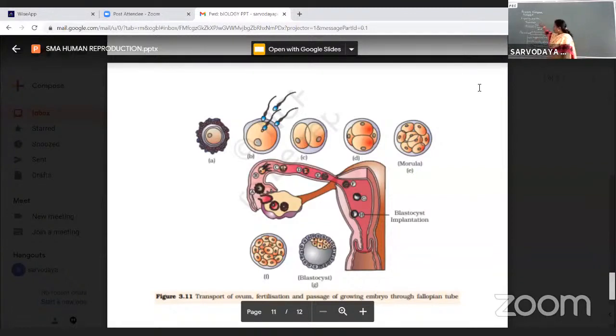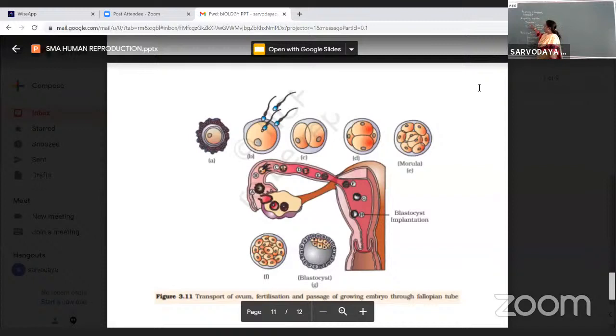In the initial stages of development, chorionic villi is sufficient to transport the nutrients to the developing embryo. The chorionic villi is formed by uterine tissue and maternal blood. On the trophoblast layer, finger-like projections can be seen.